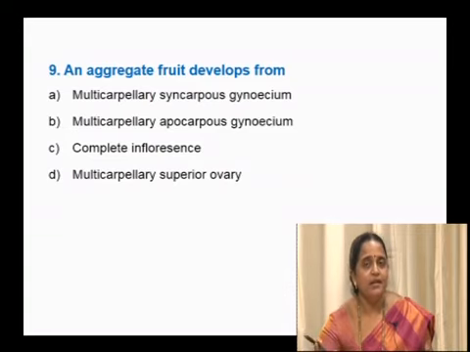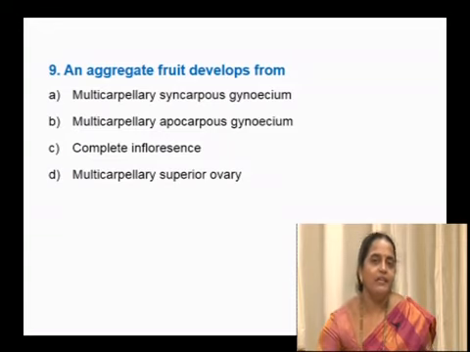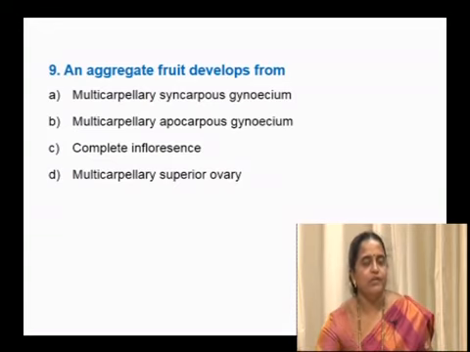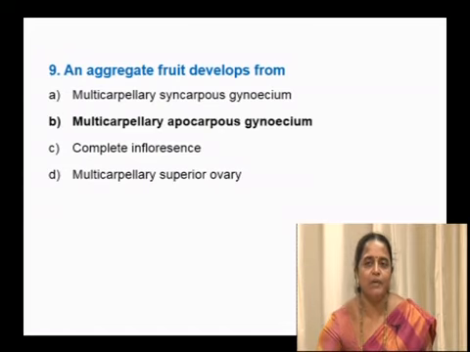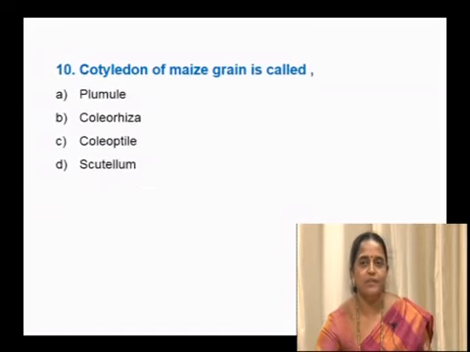But when you see the etaerio, the bunch of the fruitlets, it is said to be an aggregate fruit, and this aggregate fruit is developing from multicarpellary. Carpels are many, but they are not fused. So, when they are not fused, we call apocarpous. So, the correct option is multicarpellary apocarpous gynoecium.